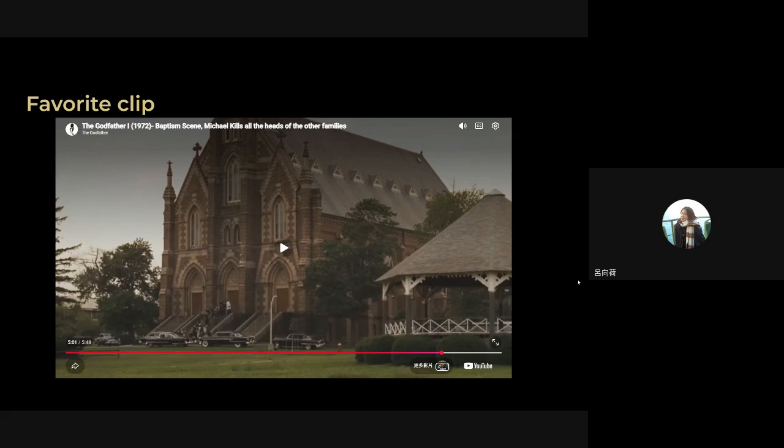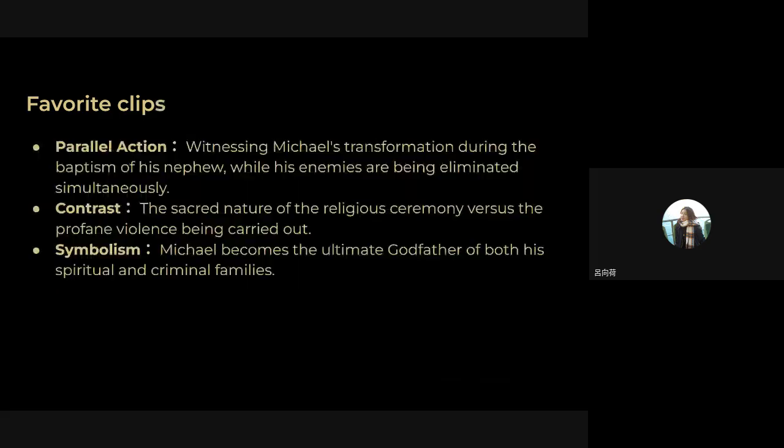Okay, so just after all the assassinations, he becomes the leader of all the gangsters. This clip uses parallel action, which I have seen in many other movies also, and contrasts the nature of the ceremony versus the violence of the assassinations.